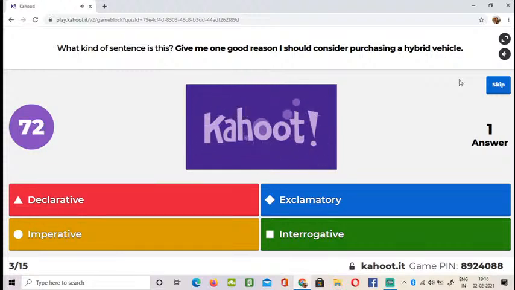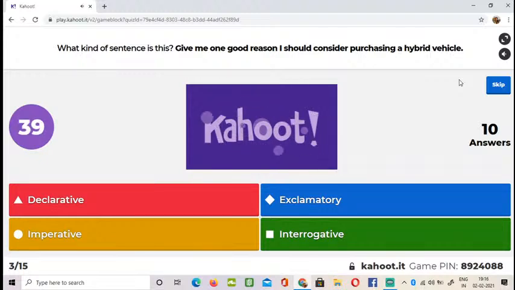As I told you, a declarative sentence gives a statement, gives information, and an exclamatory sentence expresses a strong feeling, and an imperative sentence gives a command or request to someone, and an interrogative sentence is nothing but which asks a question. I am repeating all this so that you will get this very easily, and there is no need for you to revise again and again.